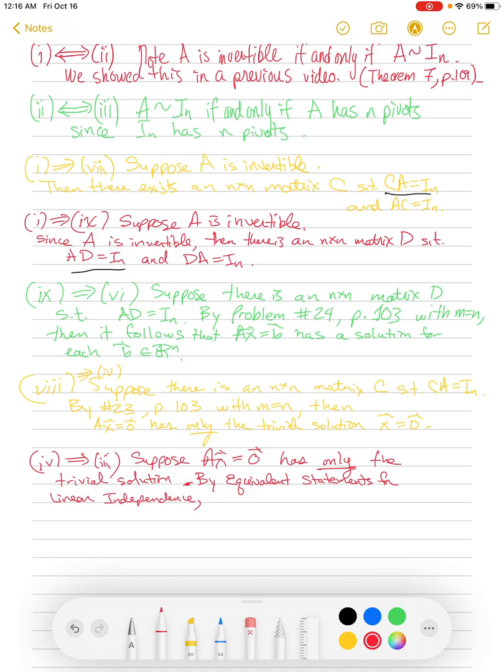That means the columns of A are linearly independent, right? That's another way of saying the columns of A are linearly independent. Another way of saying that was saying that there's a pivot in every column, right? So by equivalent statements for linear independence, A has a pivot in each column. Not row, column. Pivot in each column.